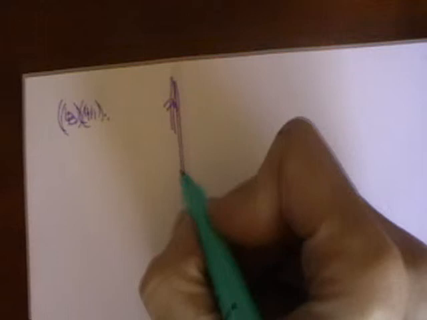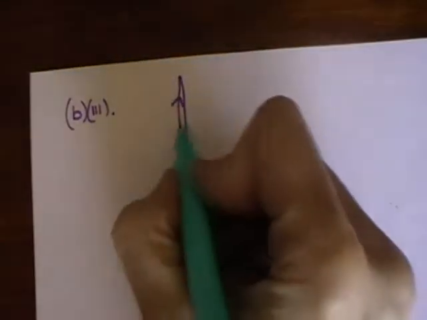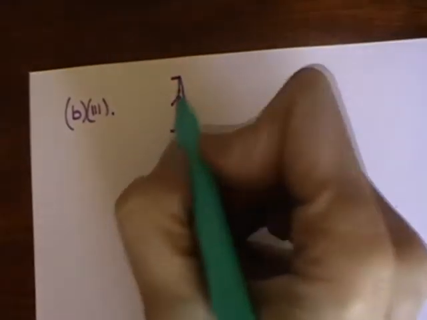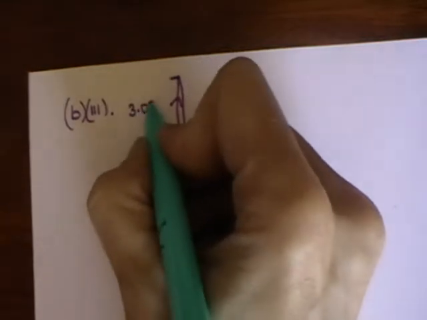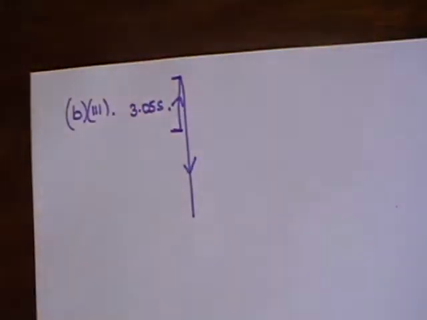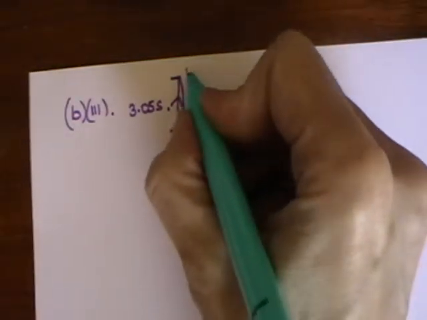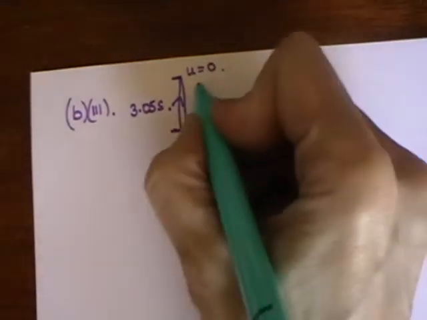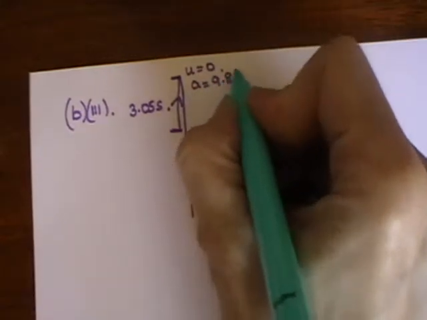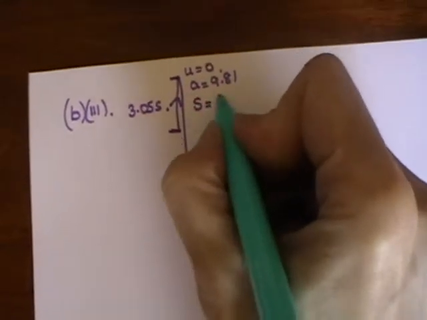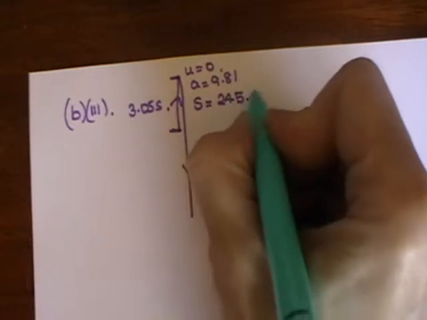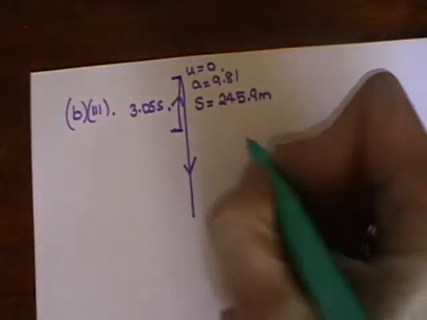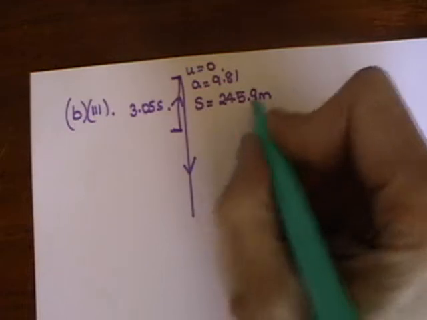We already know the time for the upward part, 3.05 seconds, and we need to work out the downward part. The downward part starts with an initial velocity of 0, we know A is 9.81, and the distance from the last question is 245.9 metres. Therefore we'll find the time for this bit.